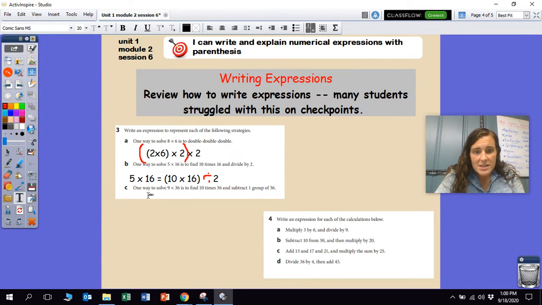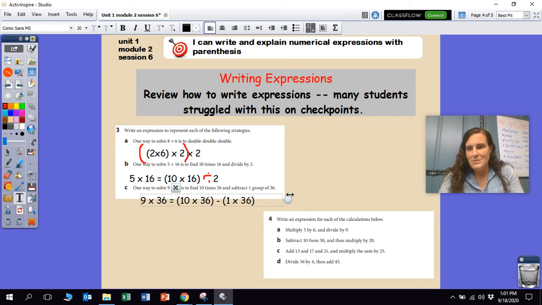The next one, one way to solve 9 times 36 is to find 10 times 36 and then subtract a group of 36. So what I'm saying here is 9 times 36. Yes, 9 times 36 is the same as saying 10 times 36 minus 1 times 36, or just minus 36.